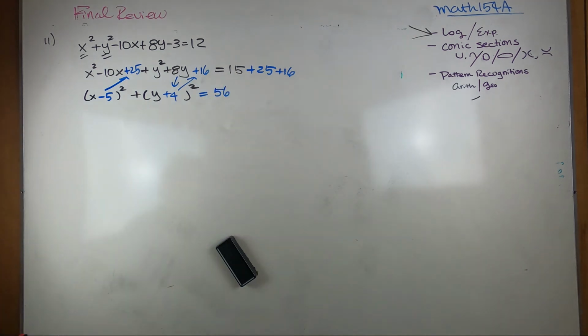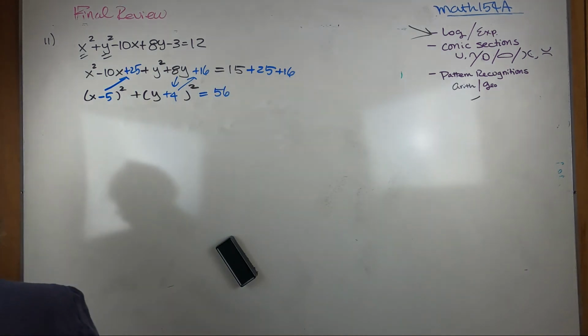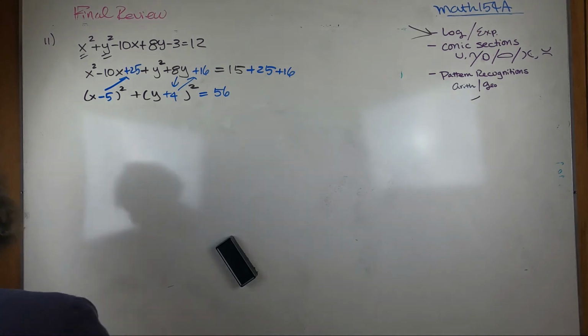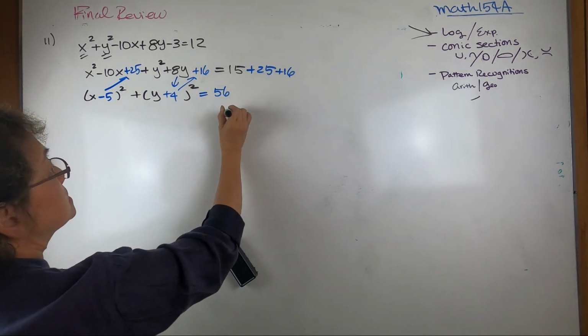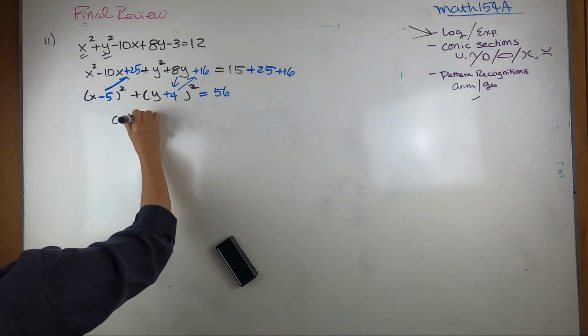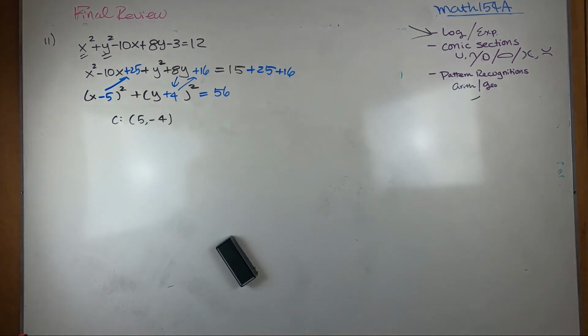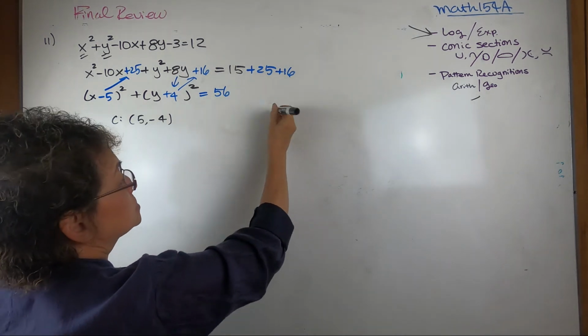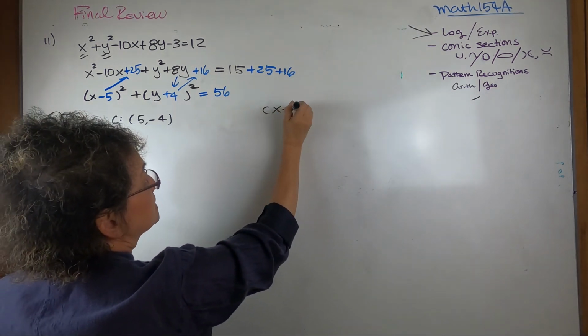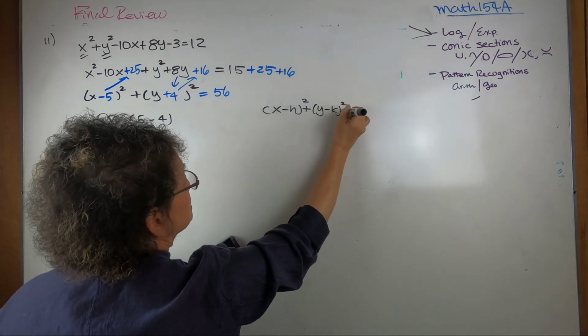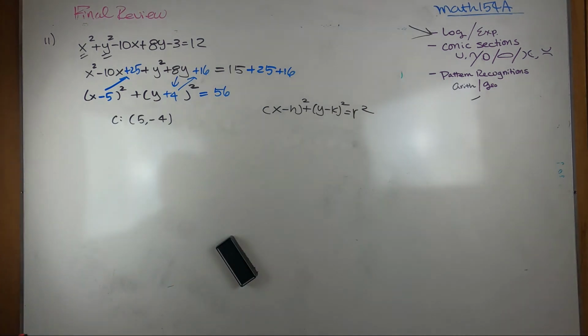56. So what's the center? We ask you, okay, find the center and the radius. So the center will be what? 5 and negative 4, right? The opposite. Because the circle is x minus h squared plus y minus k squared equals r squared, right?